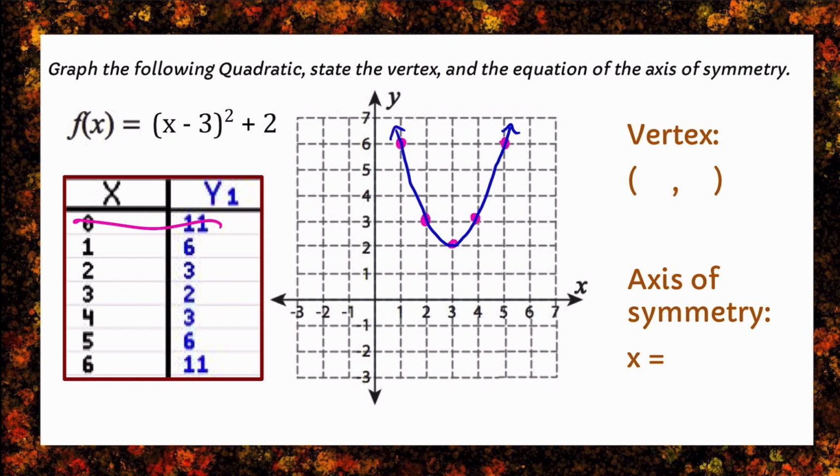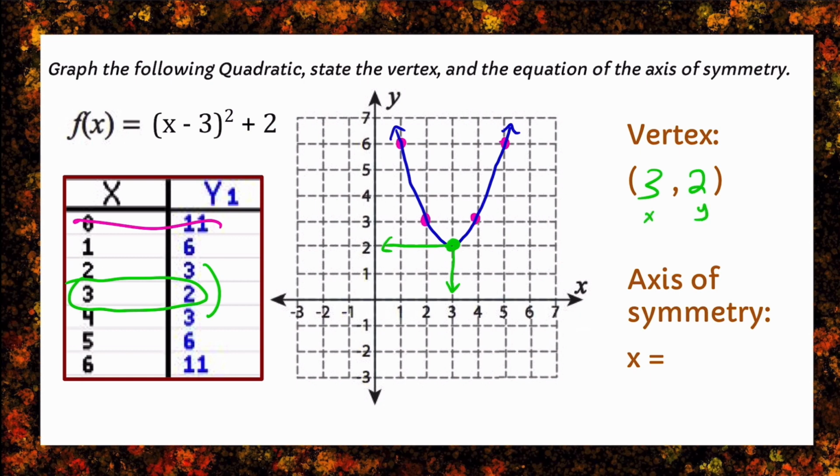And what would be the coordinates of this vertex? So your vertex is right in the middle here. You can tell by the repeats, just pick the numbers in the middle. Or you can read down to the x-axis, 3 and 2. That's your x and your y.